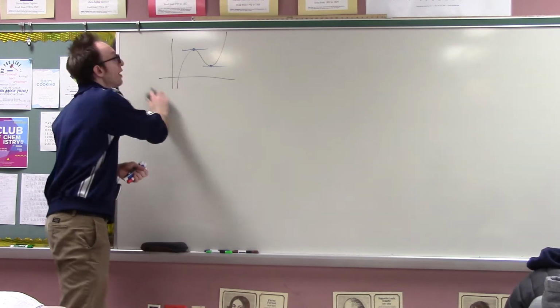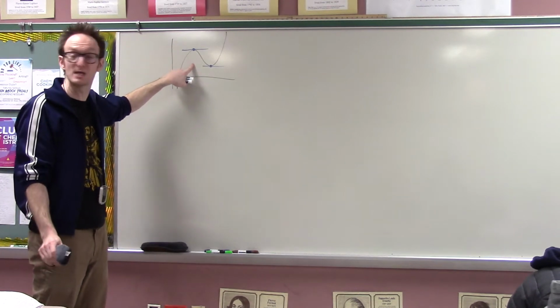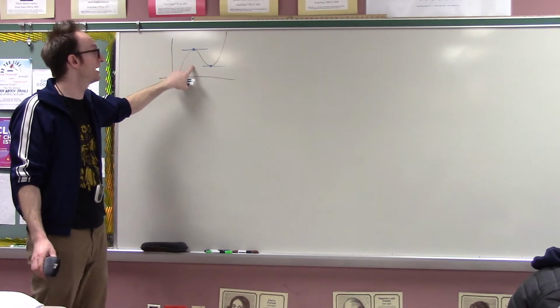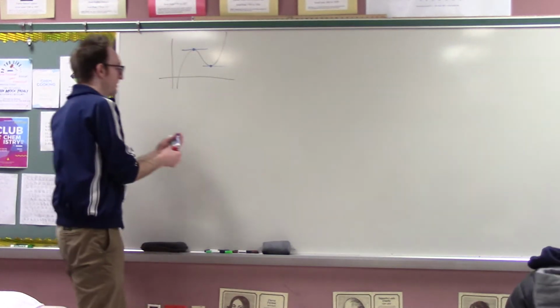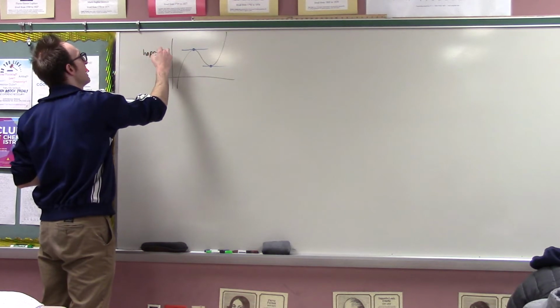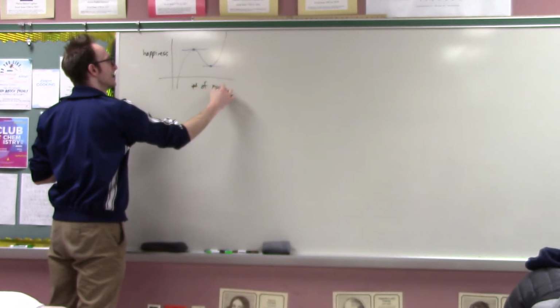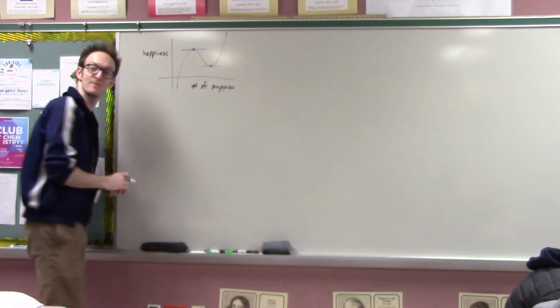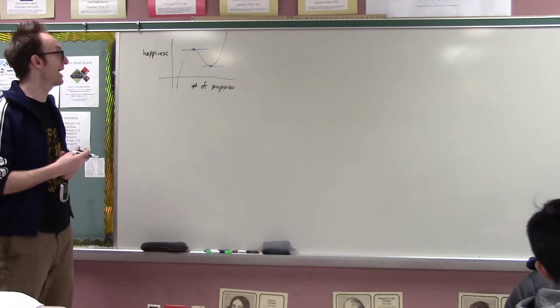All right, and if this function is some important function that you actually care about, a function which tells you profit or something like that, or maybe happiness. And maybe this is number of puppies. Maybe there's a relationship between the number of puppies you have and your happiness.